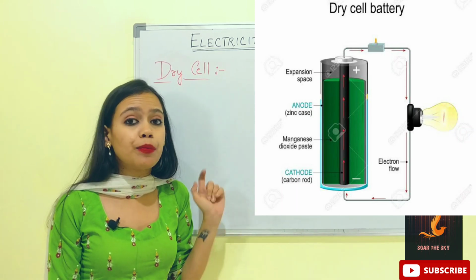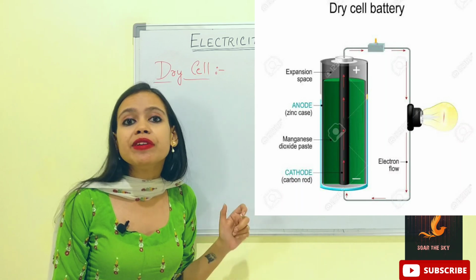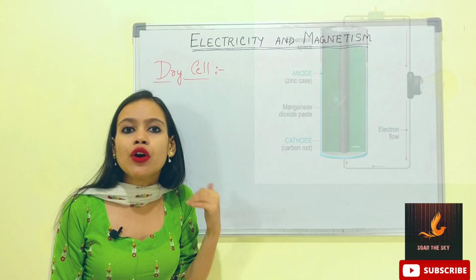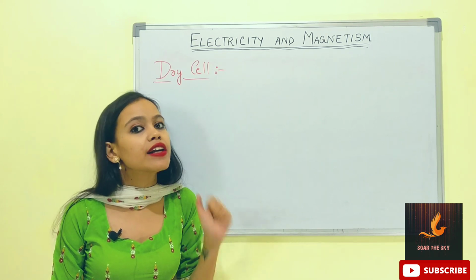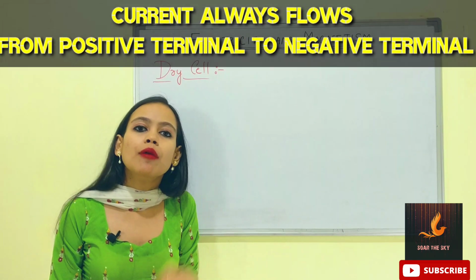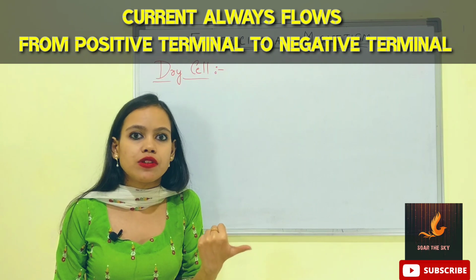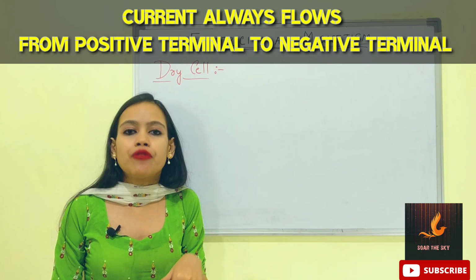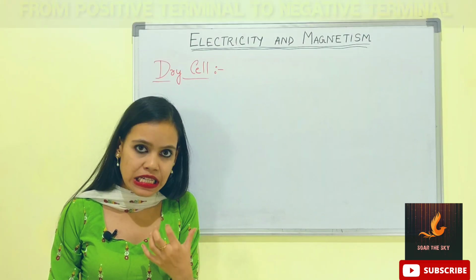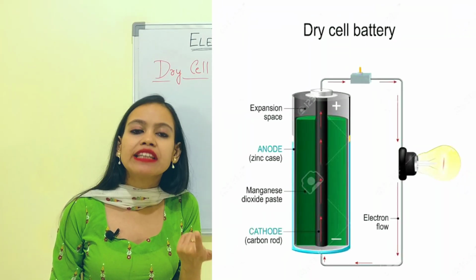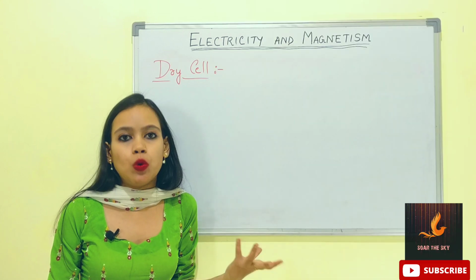This is again a very important point, and it will be required throughout your life till you study physics and especially current electricity, that current always flows from the positive terminal to the negative terminal. So it will flow from the anode to the cathode, that is positive to negative terminal, and then the circuit will be complete and the bulb will glow.